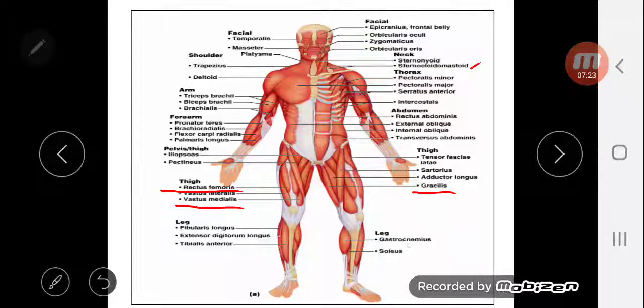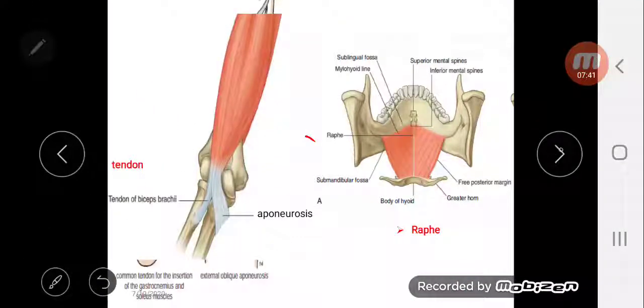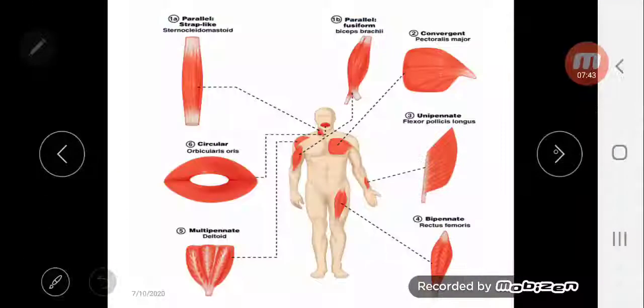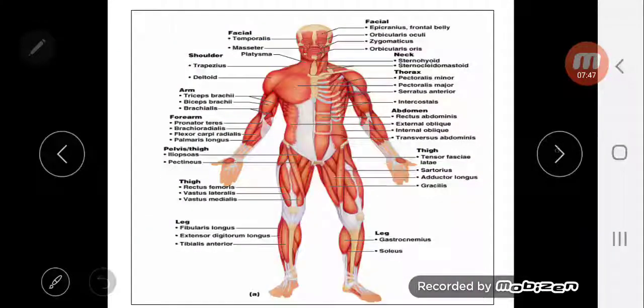In the leg, we have the gastrocnemius and soleus in the posterior medial aspect, and in the anterior lateral aspect we have fibularis longus, extensor digitorum longus, and tibialis anterior.